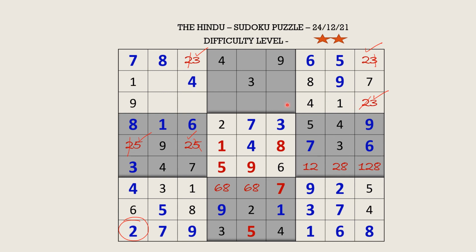Fine. Now in this column there is only one empty cell and the missing number is 5, and the missing numbers here are 2 and 6. So the missing number in this row is 1.